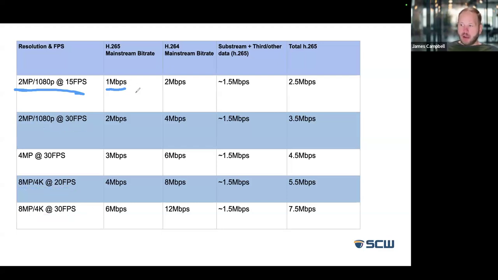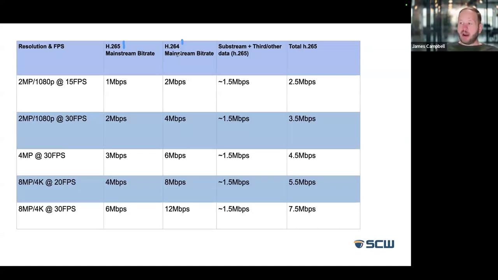Now, if we get rid of all this, we notice on the other columns that we've got something called H.265 and H.264. All of our cameras use H.265. This is the newer, more efficient standard for compression on the cameras.